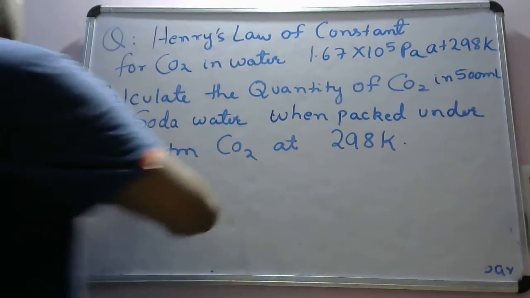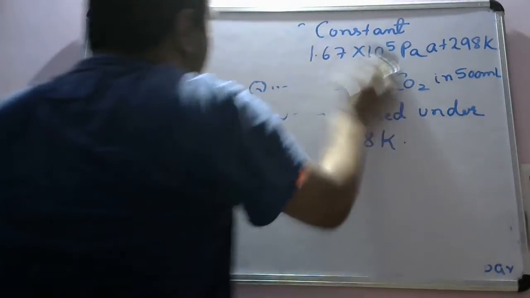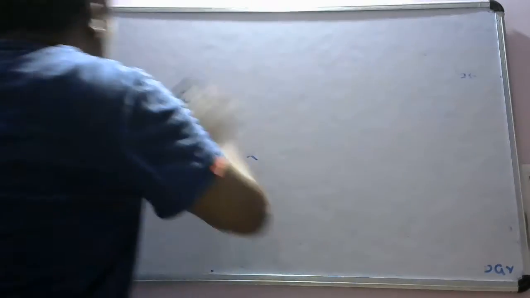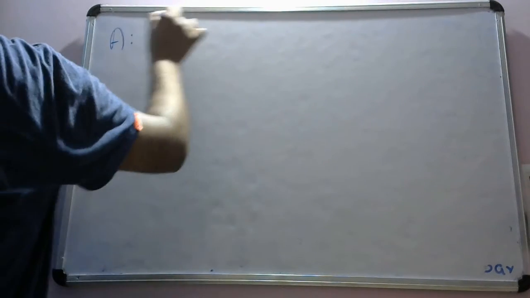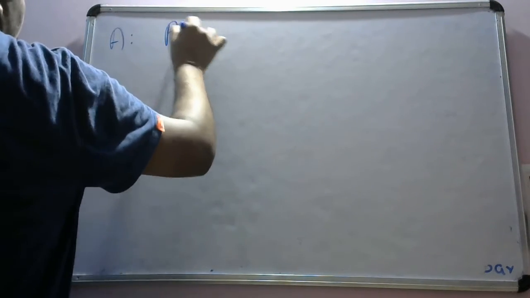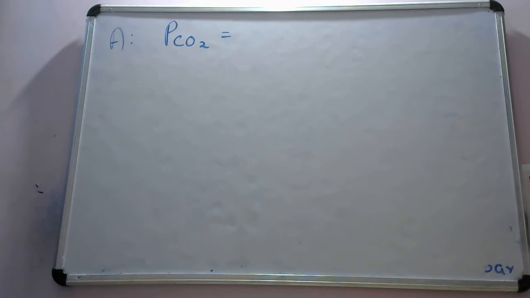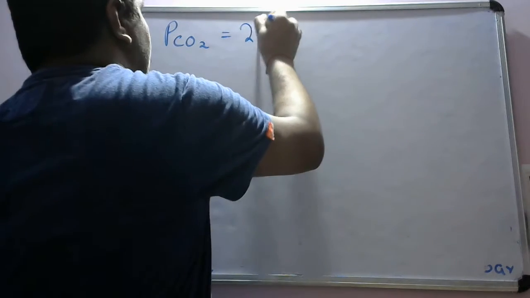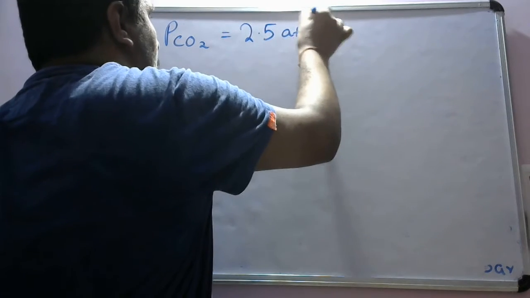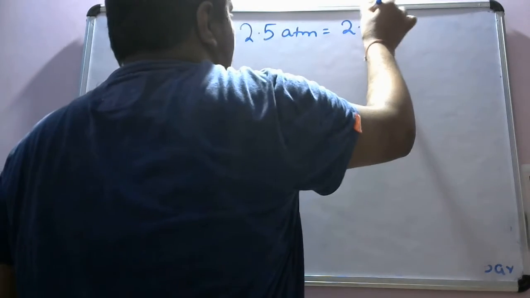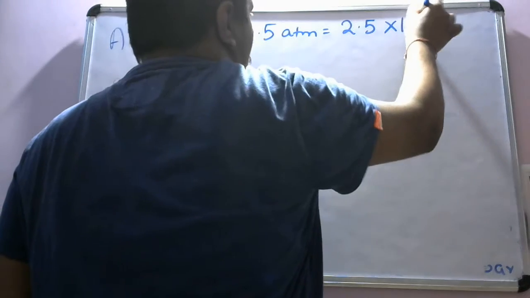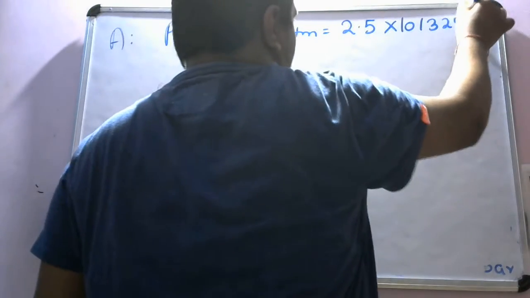Okay, let us try to solve this question. The partial pressure of CO2, PCO2, is given to be 2.5 atm. One atm is 101325 Pascal.